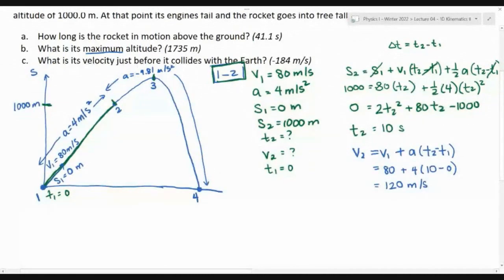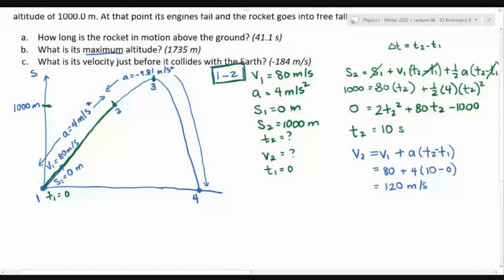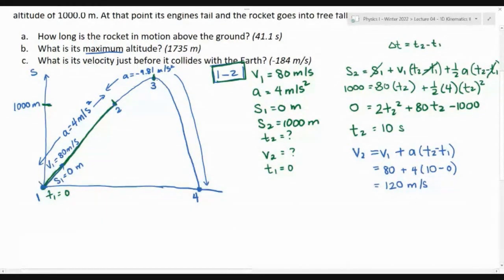So this whole ones and twos seems pretty confusing right now, especially with the times. Normally we just write delta T, but because we're trying to find the time it takes to go from point 1 to point 2, and then to point 3, and then to point 4, instead of writing delta T each time, I'm choosing to use 1, 2, 3, and 4 to make it a little bit more organized.